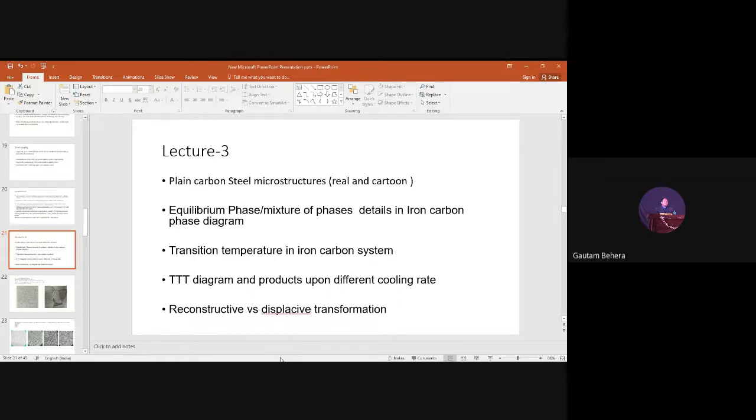And if you remember, what are the different microstructures in steels? Microstructures means, if you put the sample under a microscope, what are the things which will be visible, right? Those are microstructures like grains, grain boundaries, porosity, if any, and any different phases present, and dislocations. If we look at the sample under a transmission electron microscope, we can see dislocations, defects.